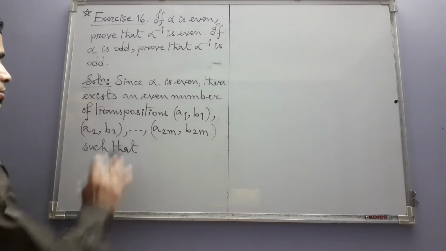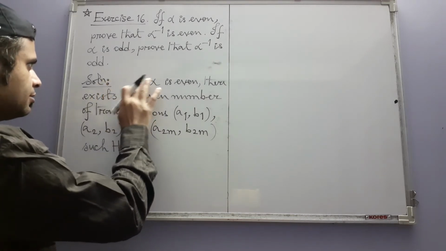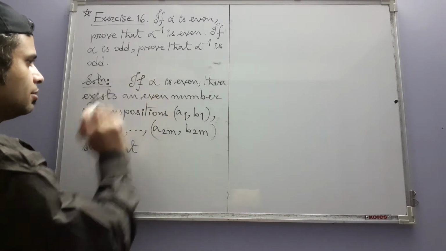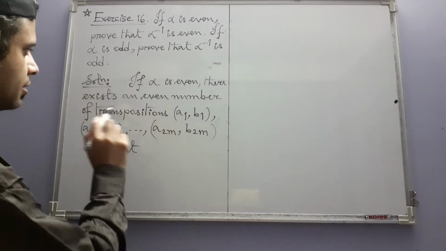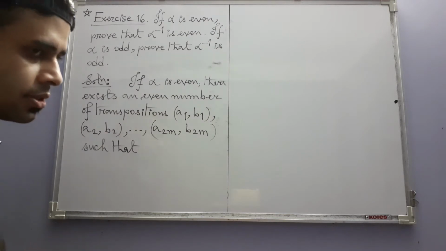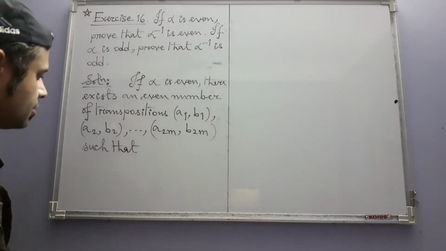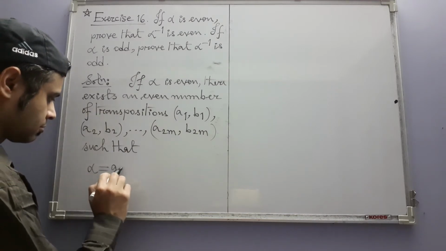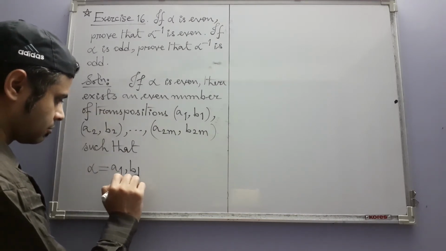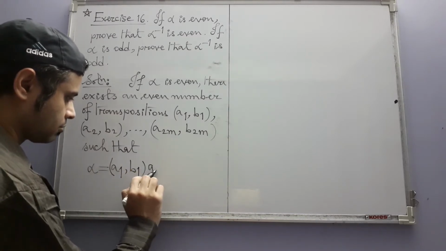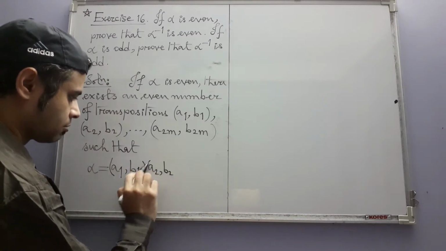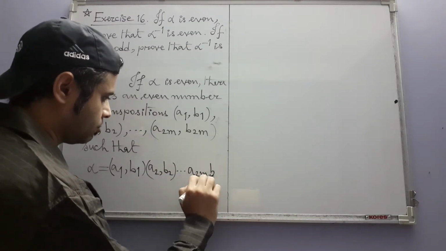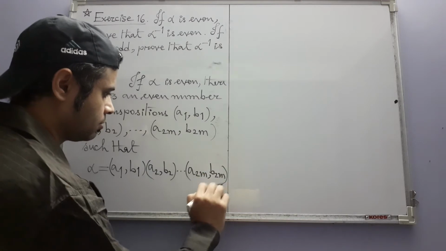If alpha is even, then there exists an even number of transpositions whose product is alpha: alpha equals A1 B1 ... Am Bm.